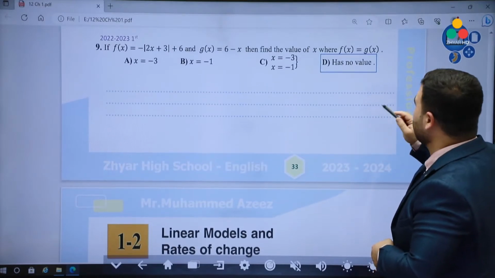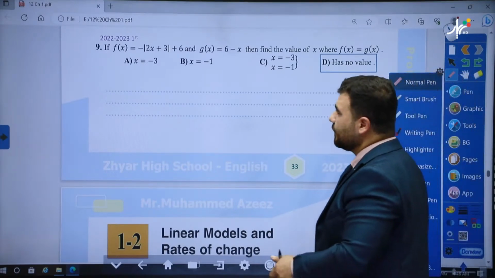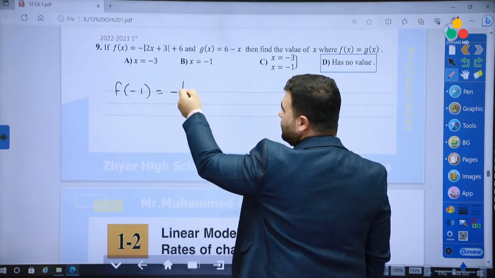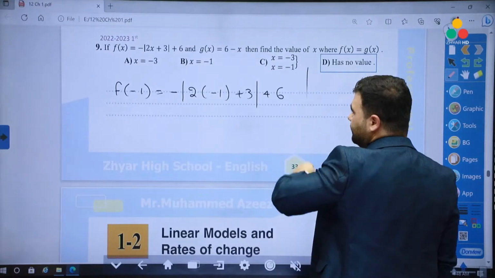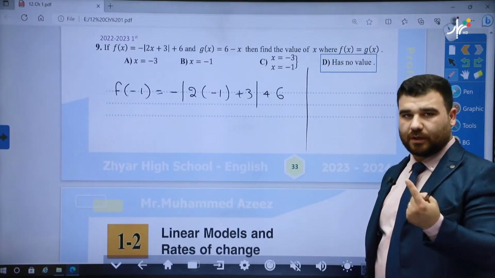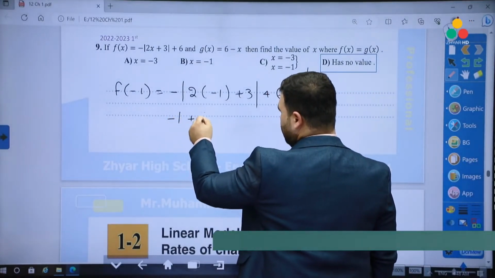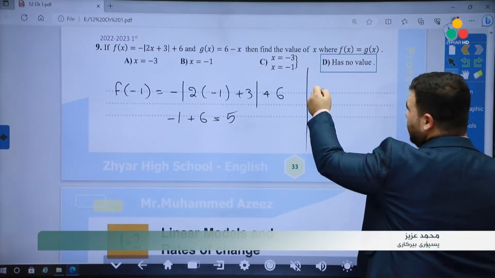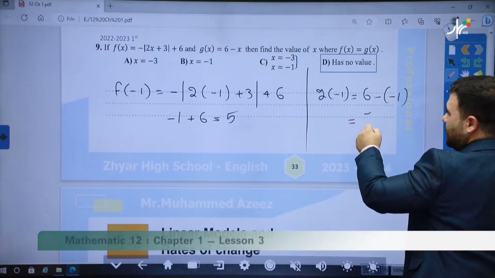To make sure, maybe in the exam you're nervous, let's check for negative 1 and see if negative 1 can make them equal. f of negative 1 is equal to negative absolute value of 2 times negative 1 plus 3, plus 6. 2 times negative 1, negative 2, plus 3, 1, absolute value of 1, 1 with this negative, negative 1 plus 6, that's 5. g of negative 1 is equal to 6 minus negative 1, that is 7.